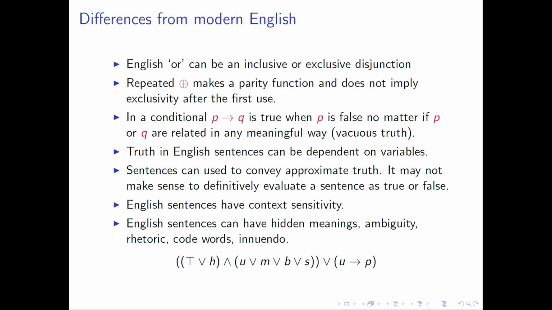So I might say, if it is late, I will go out, but the late part might be dependent on what time it is, for example. So it's dependent on time, and maybe you can think of time as a proposition, but you might think of other things as well, like how much money somebody has, or where somebody is, somebody's position. Truth in English sentences can be dependent on those variables.